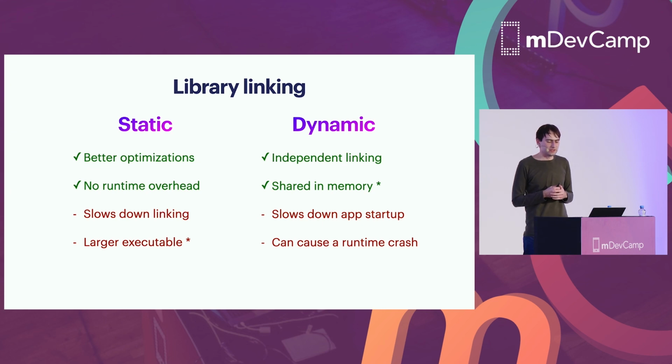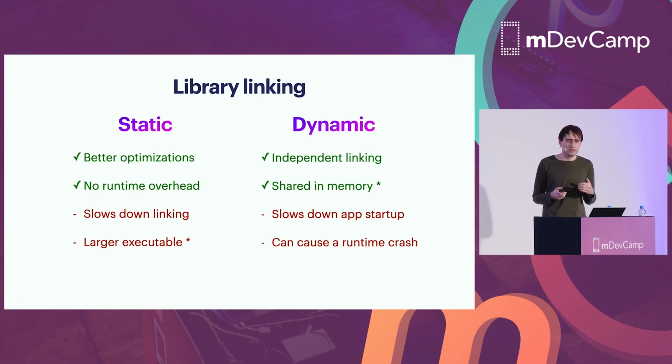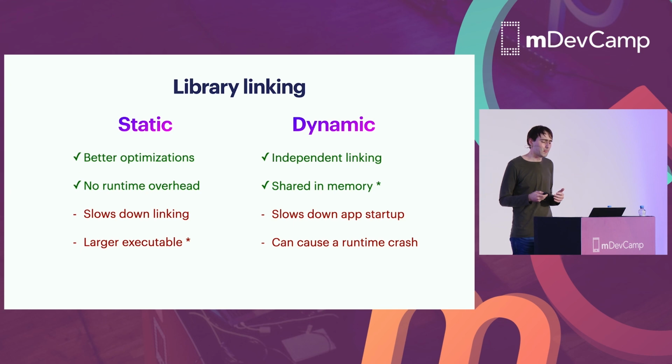The disadvantage is that the linking is done at runtime, therefore it slows the app startup. You will not notice it if you just add one library, but if you overuse this feature and you add like 50, 100 dynamic libraries, which can easily happen if you are not careful, it can be noticeable to the user. Like it can easily add a second to the app startup, for example.